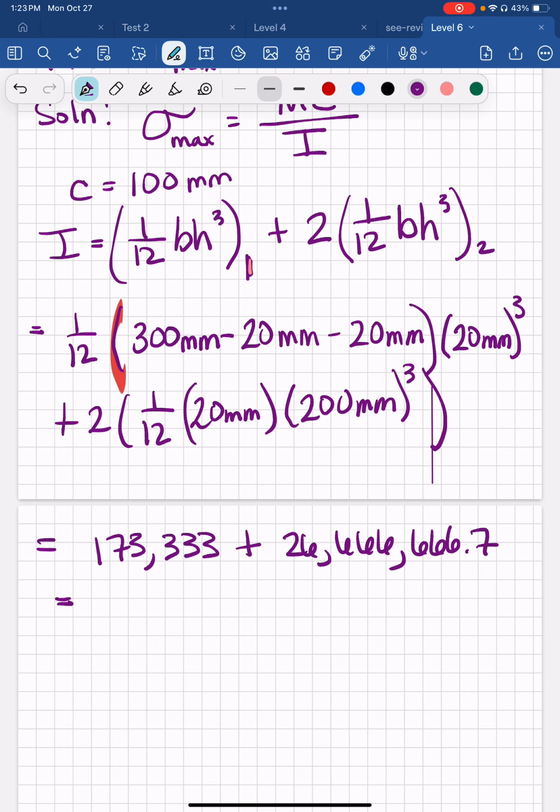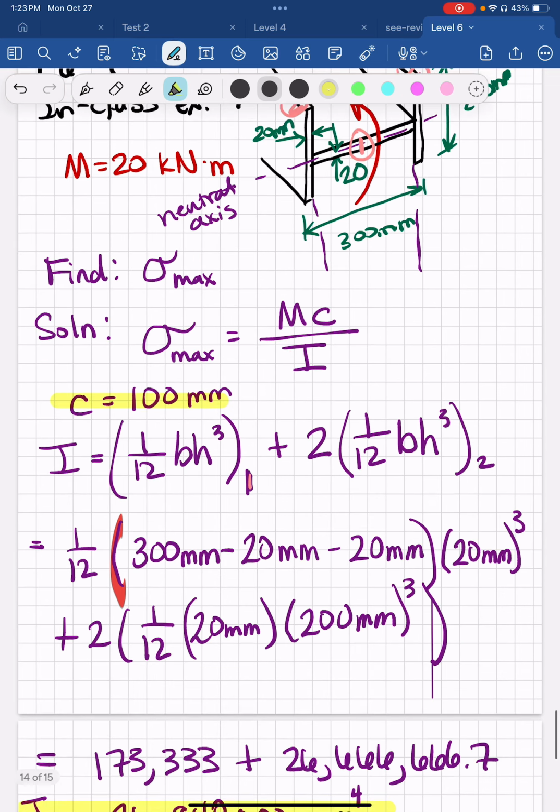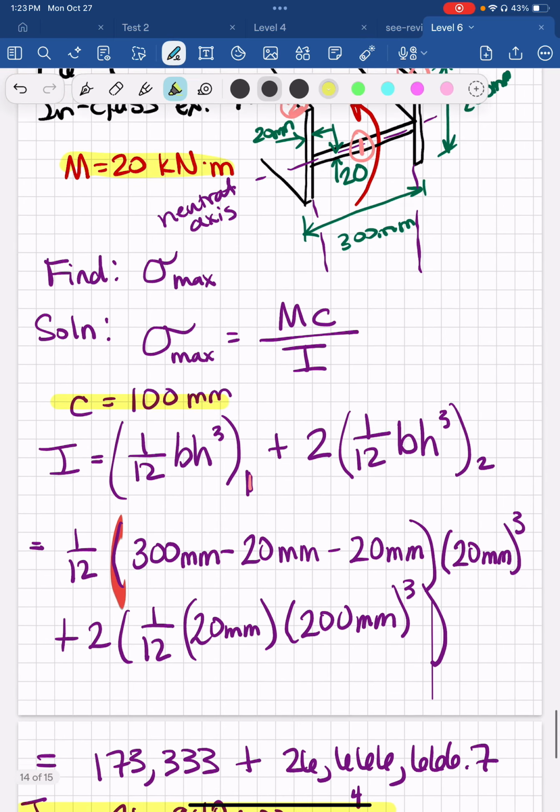And so that's going to equal 26,840,000 millimeters to the fourth. So we have that now. We already have the C. We have C, we have I, we have M was given, and now we can calculate it.